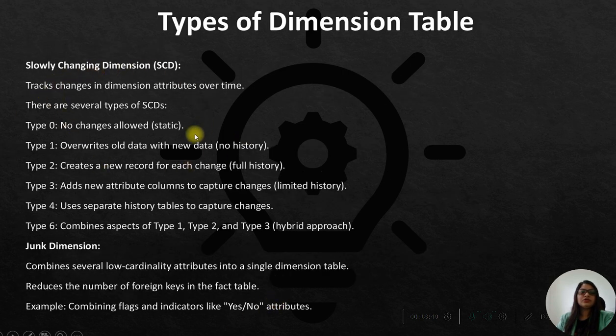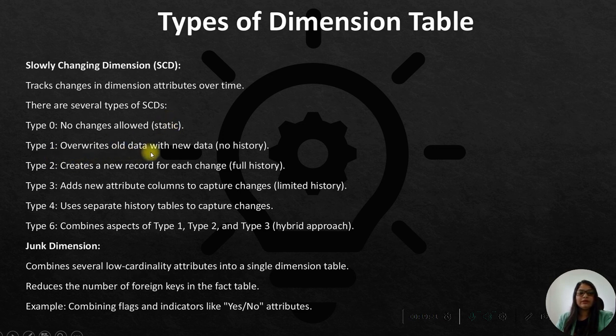Now if we are talking about the slowly changing dimension, I have already covered this in detail in my videos on SCD type 1, 2 and 3, and I have provided many different approaches and multiple methods. You can see my videos on my YouTube channel regarding SCD types. So there are several types of SCDs, type 0 to type 6. Type 0 is nothing but no change allowed, that is static.